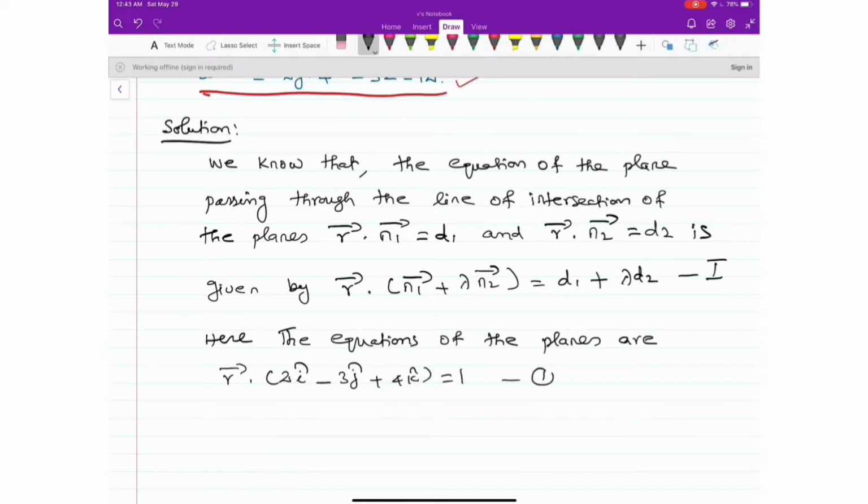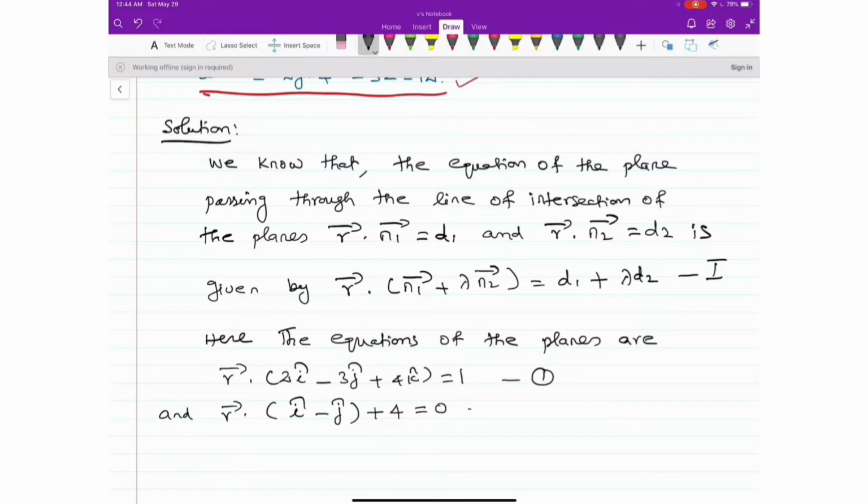Let me name this as 1, and vector r dot (i cap minus j cap) plus 4 is equal to 0.